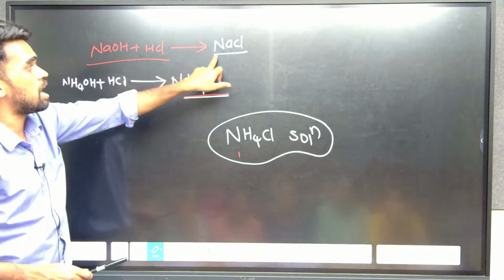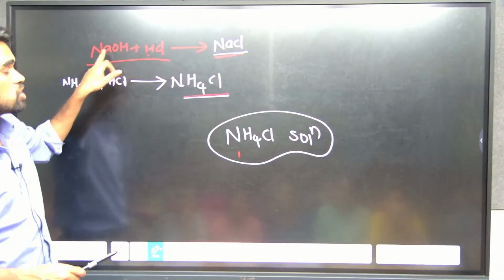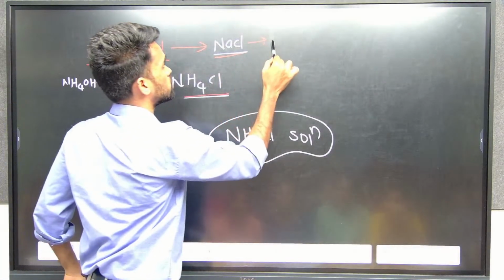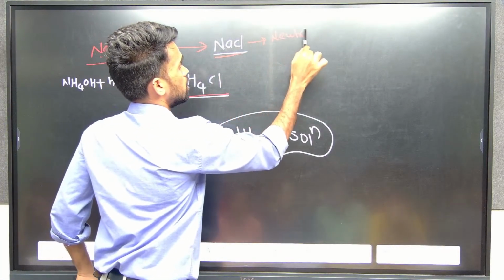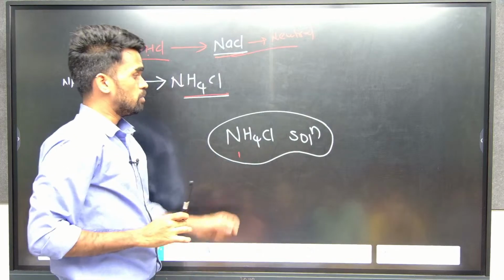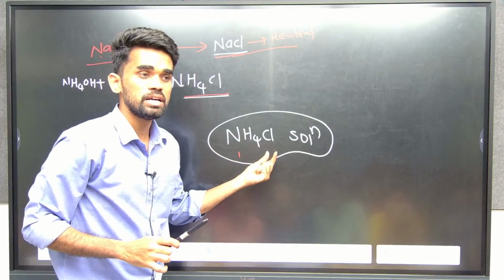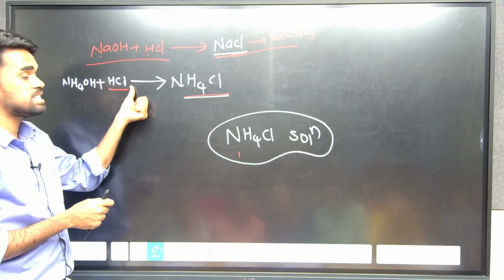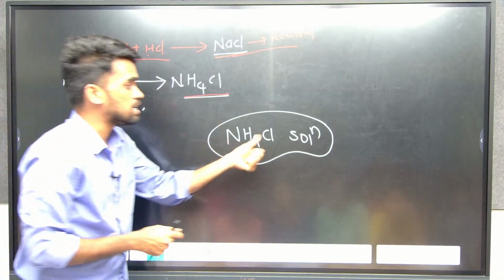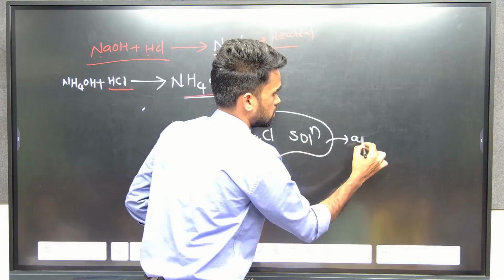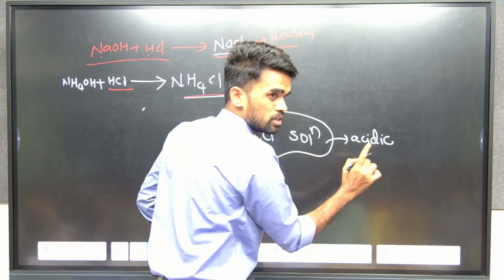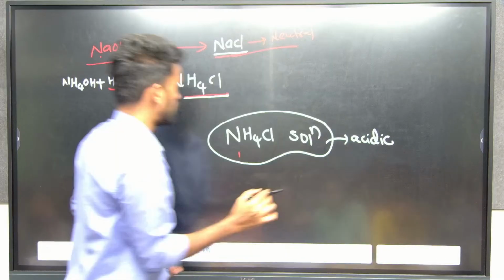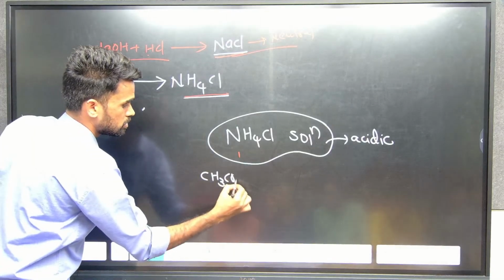See, if the salt is formed from strong acid and strong base, you should say that as neutral. What is this? Neutral salt solution. But if a salt solution is formed from a strong electrolyte, it means strong acid here, we use it, so the salt solution will be acidic. Is this clear or not? Yeah. Now I am giving you one more, sodium acetate.